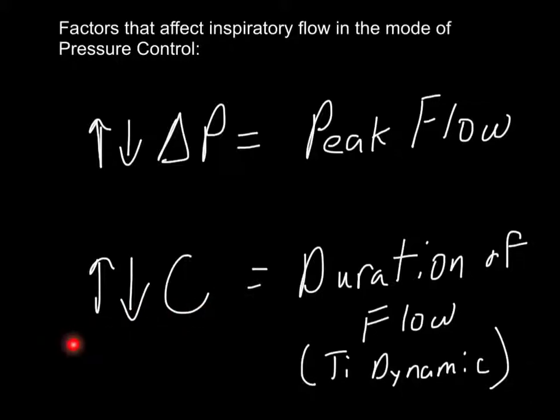So changes in patient's compliance is going to directly affect the duration of flow more than the peak inspiratory flow or the flow rates themselves. The changes in patient's compliance are going to affect the duration of inspiratory flow or our TI dynamic. So let's take a look at those relationships.